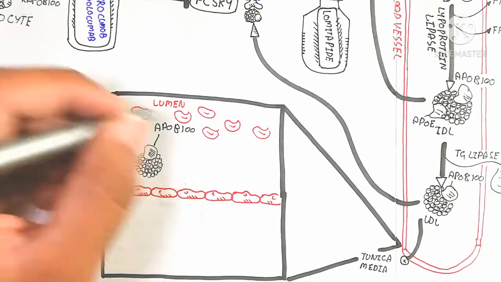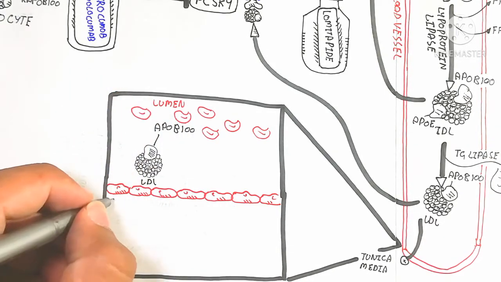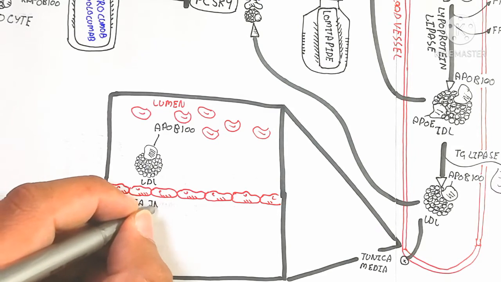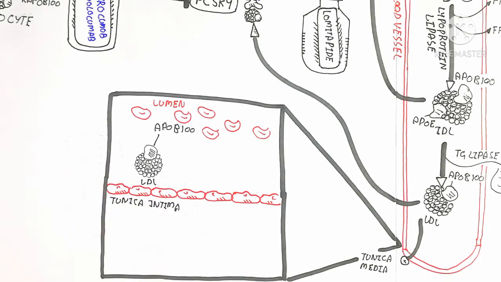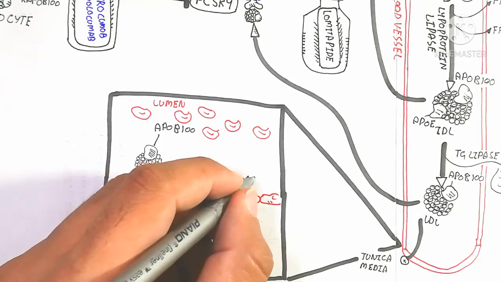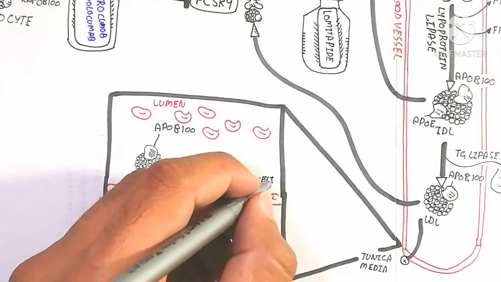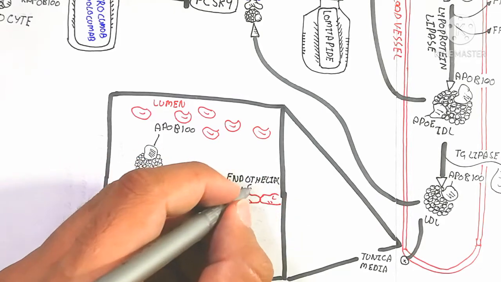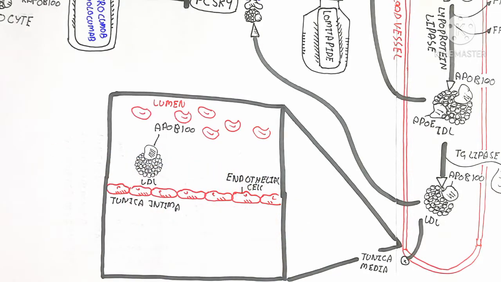the endothelial cell of the blood vessel. LDL can enter into the endothelium. So here is the tunica intima. The tunica intima is the gap between the endothelial cell and the smooth muscle cell of the tunica media.